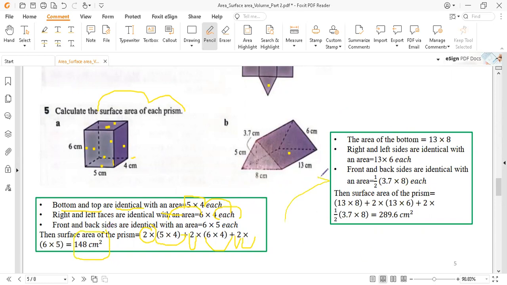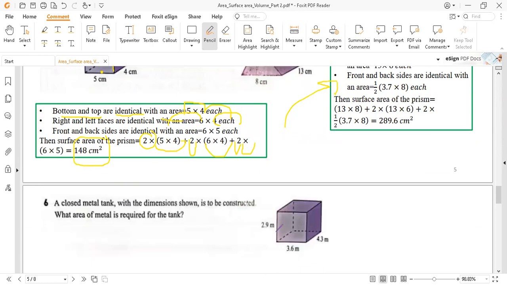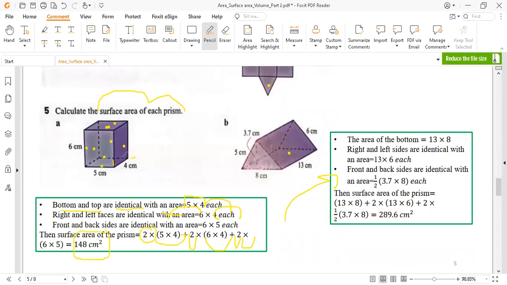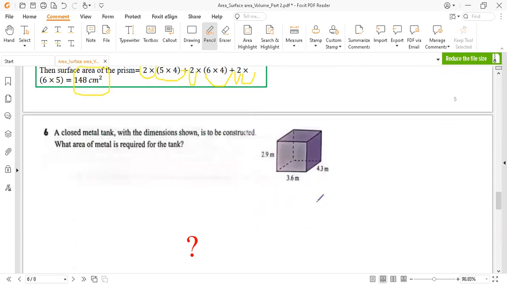And that is the same story for the second example. You can also use these ideas to calculate the area of metal required for a tank. We want to construct a closed metal tank with these dimensions.